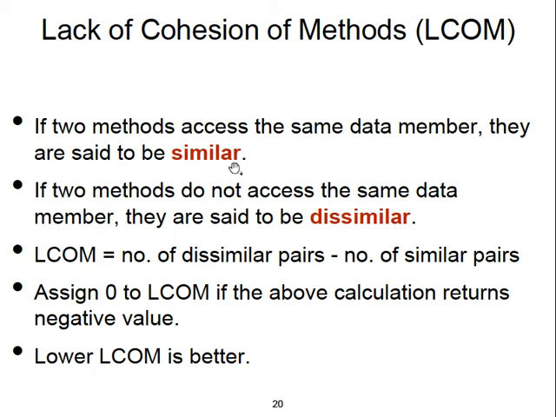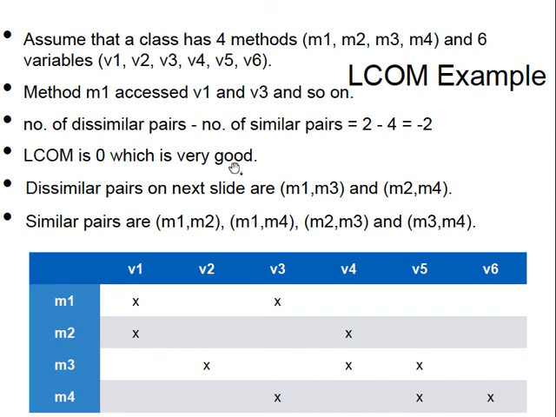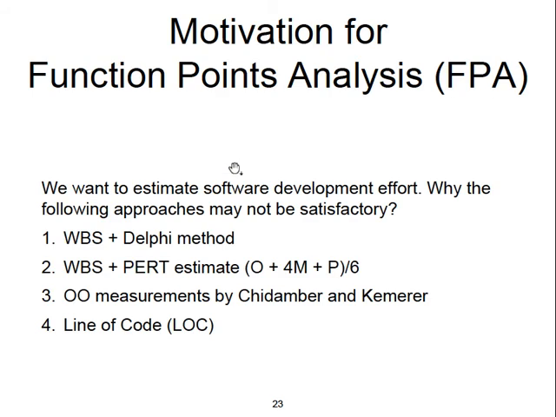So that's not very good. Some of the measurements we learned last week are for quality, but these measurements we're doing now are more for size or complexity. So how big is the system? How complex is the system? So it has good benefits.